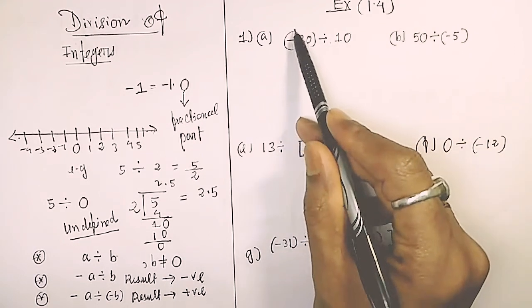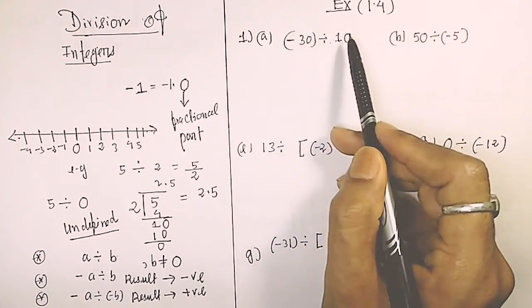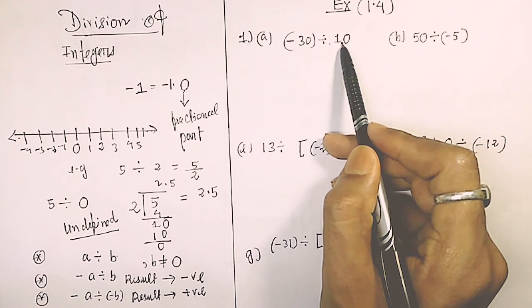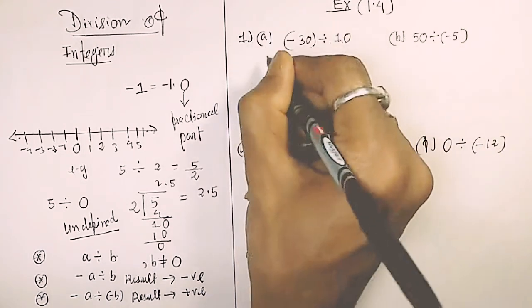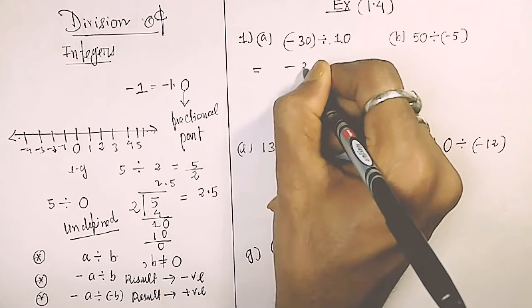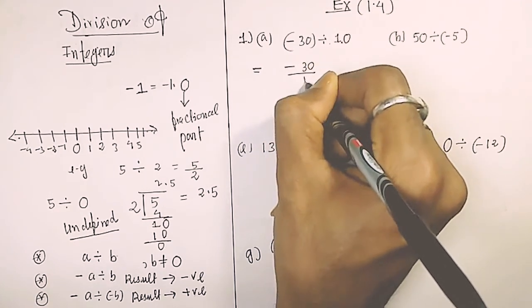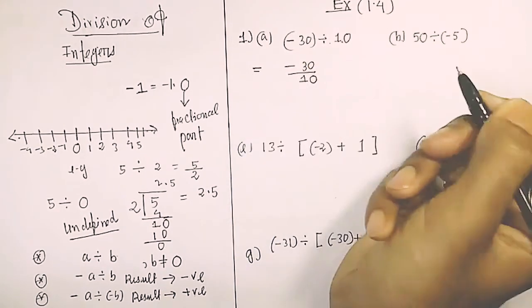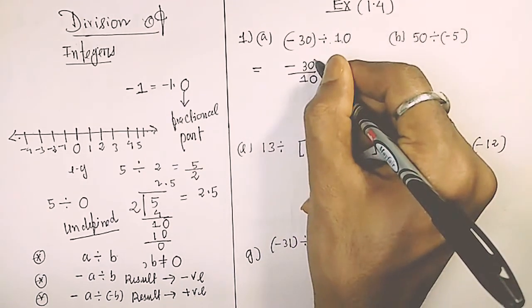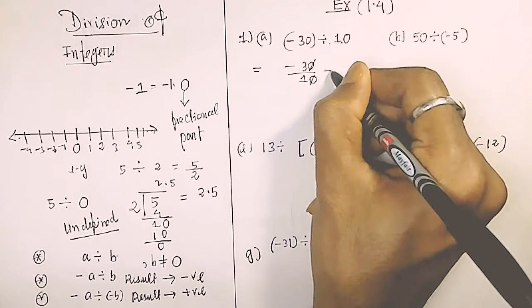So in this case, a negative integer is divided by a positive integer. That means the result is always a negative integer. So it's minus 30 divided by 10, means minus 30 by 10.